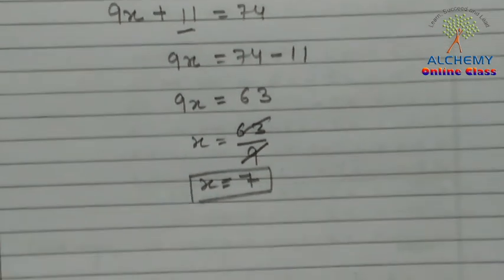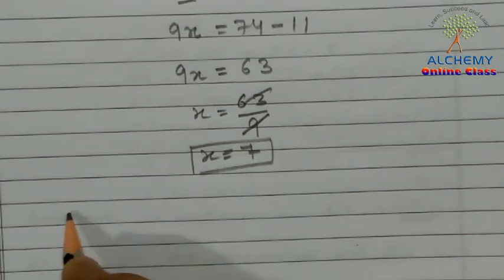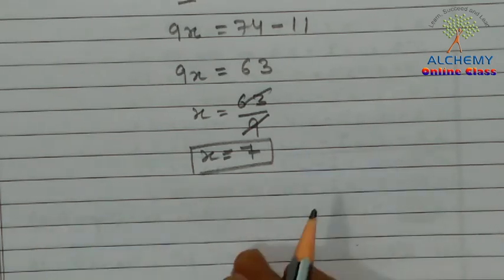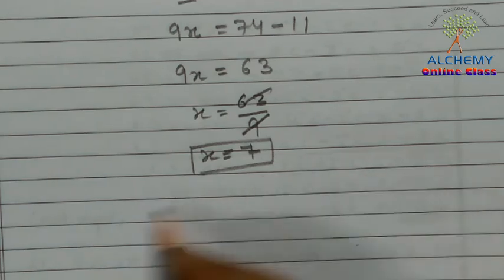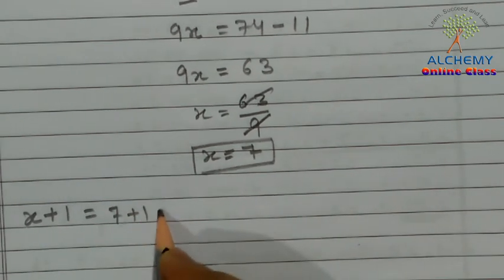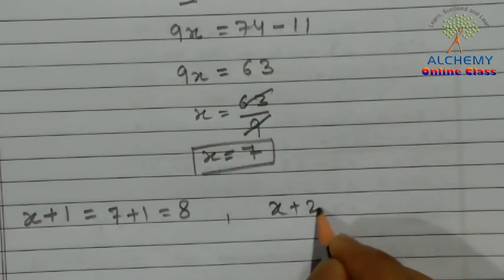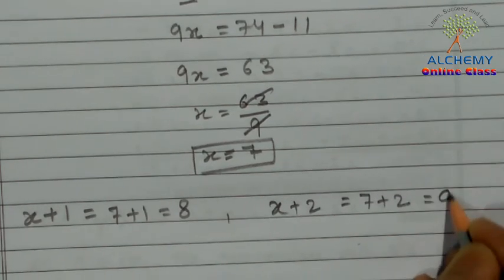Okay, now we have to find the other integers. So the first integer is x, which is 7. The next integer is x plus 1, equal to 7 plus 1, equal to 8. And the third integer is x plus 2, equal to 7 plus 2, equal to 9.